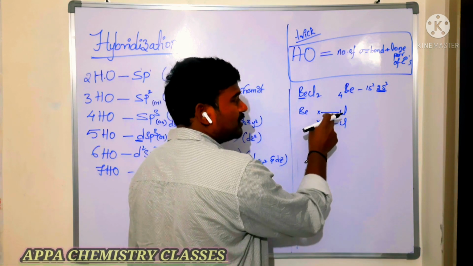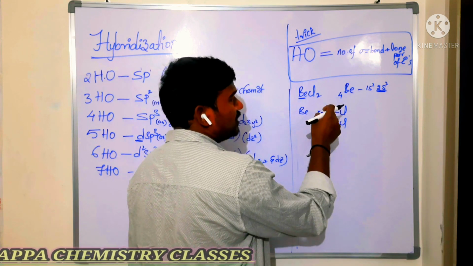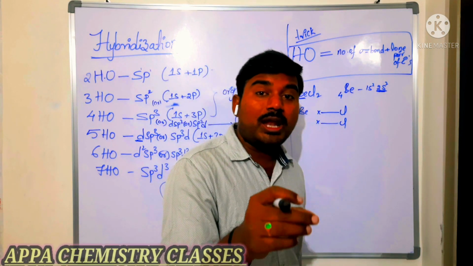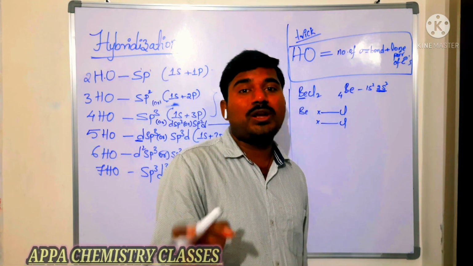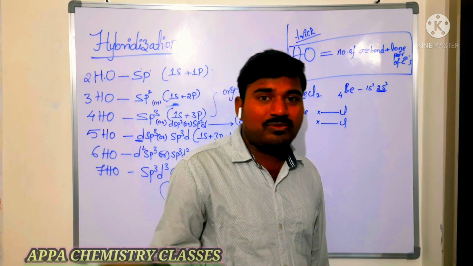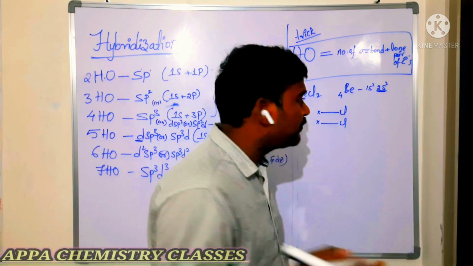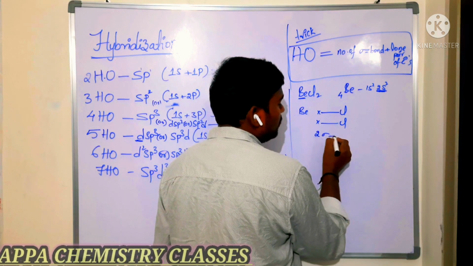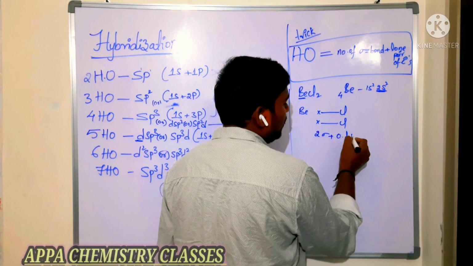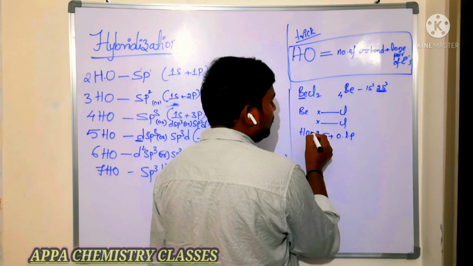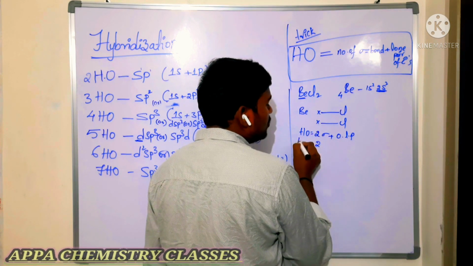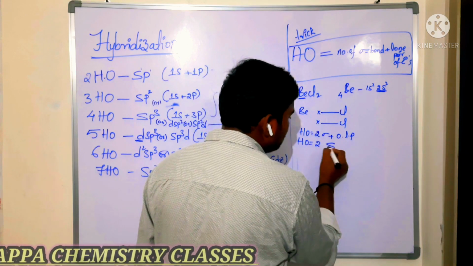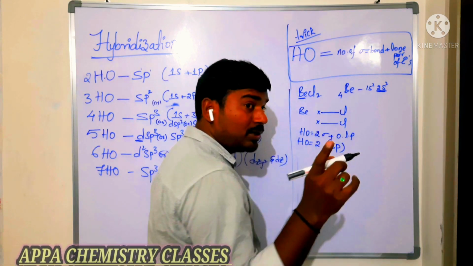How many sigma bonds are there? 2 sigma bonds. What is the use of this method? By using it we can automatically identify the lone pairs of electrons also, with no need for a separate formula for lone pair calculation. So here 2 sigma bonds plus 0 lone pairs. So hybrid orbitals equal 2, which means sp hybridization. Is that clear?